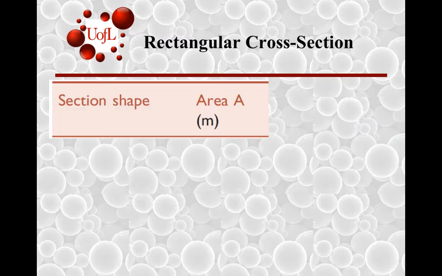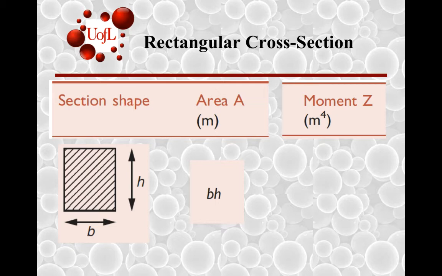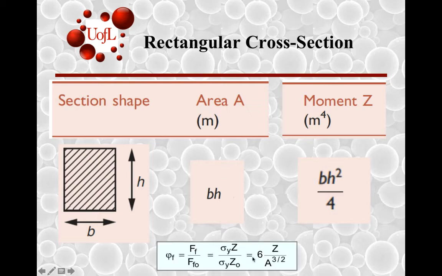Let's again revisit those 5 geometries that we considered earlier. The rectangular geometry, cross section of sides B and H. We know what the area is. The moment Z now is B H squared divided by 4. And if we substitute for Z and substitute for A in this equation, in the numerator and denominator respectively, we will be able to get a shape efficiency factor for the loading condition for a strength limited design under bending.